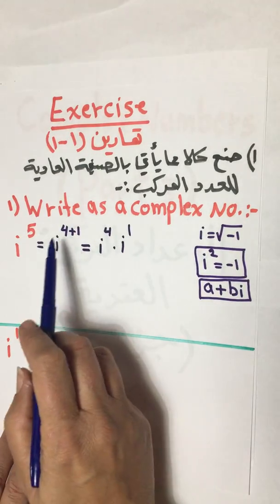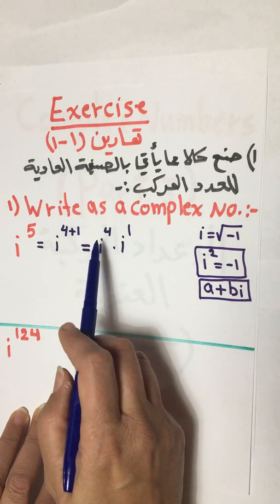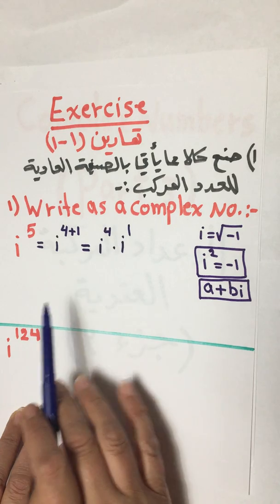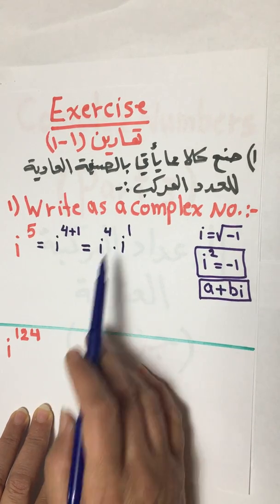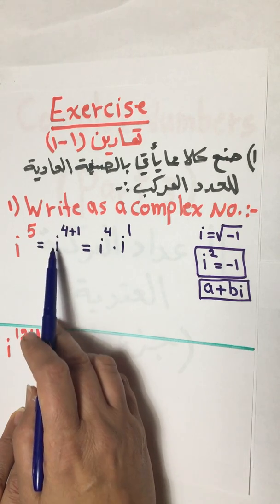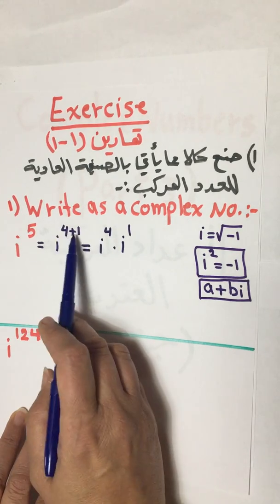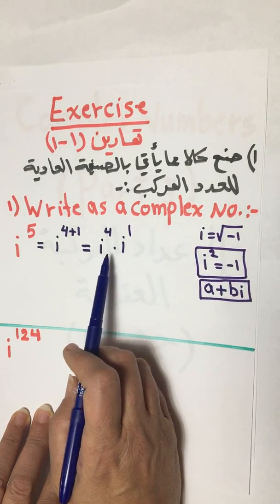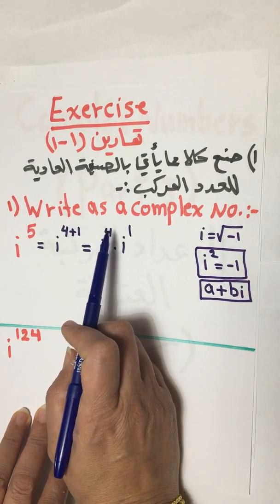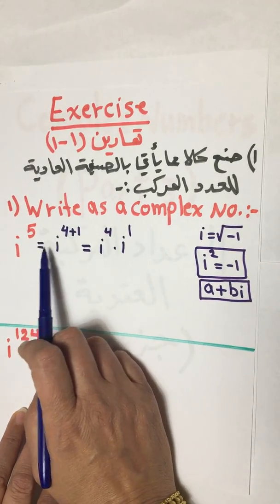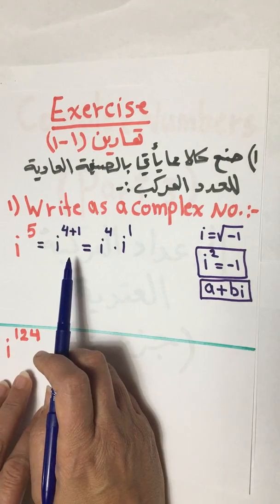When I multiply the same bases, I add up the exponents, so I to the power 4 plus 1 equals I to the power 5.